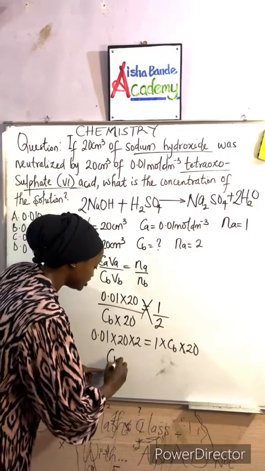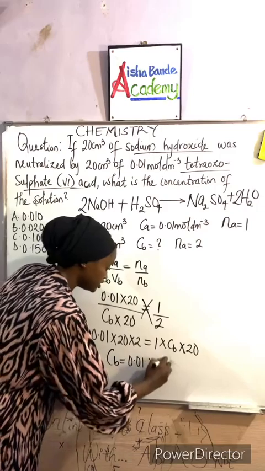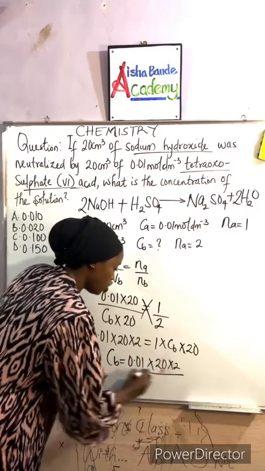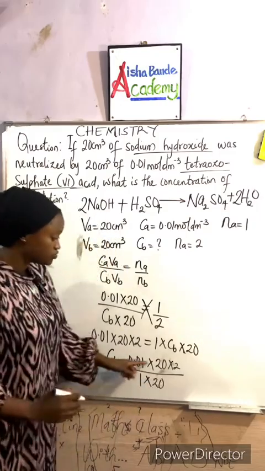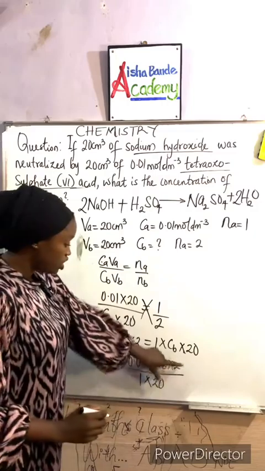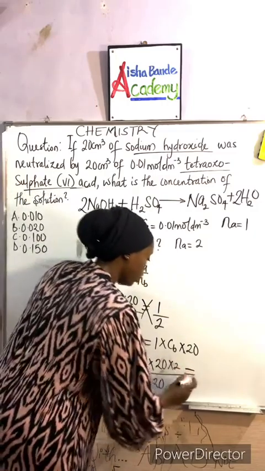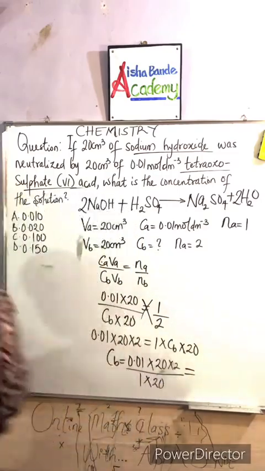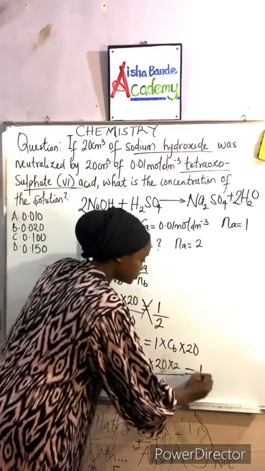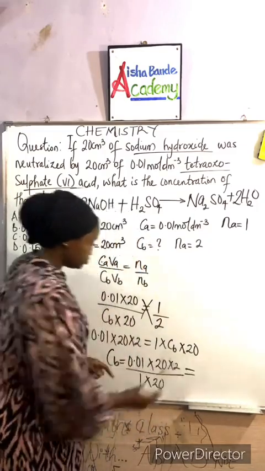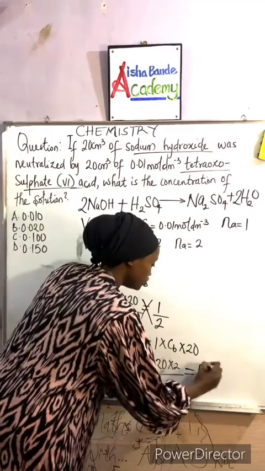So here we'll be having Cb is equals to 0.01 times 20 times 2 all over 1 times 20. So 0.01 times 20 times 2, all of this divided by 1 times 20 gives us a value of 0.02.